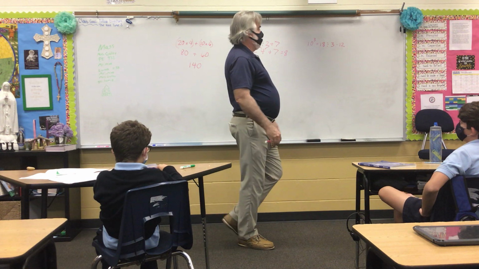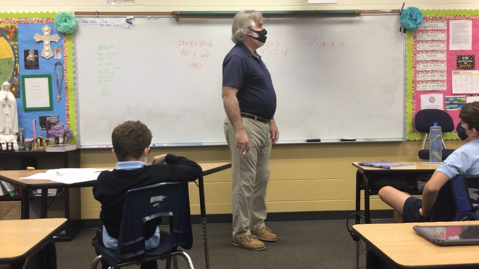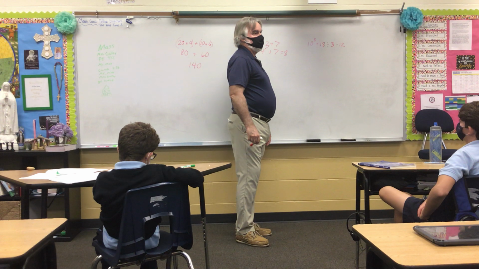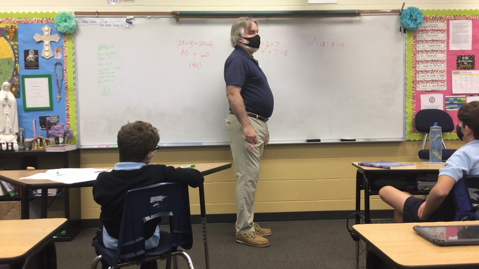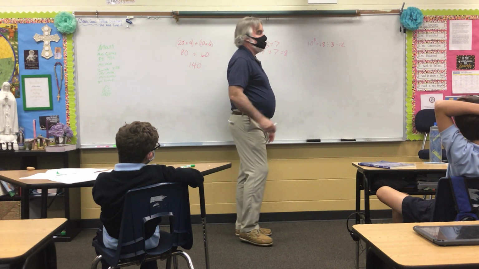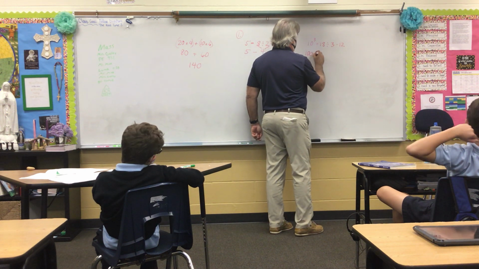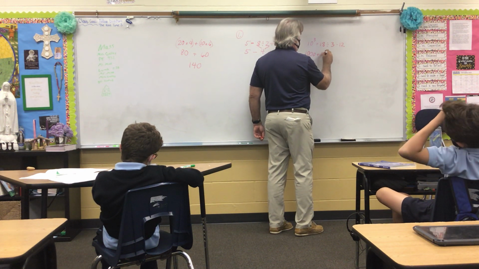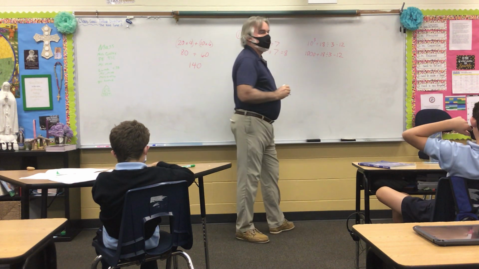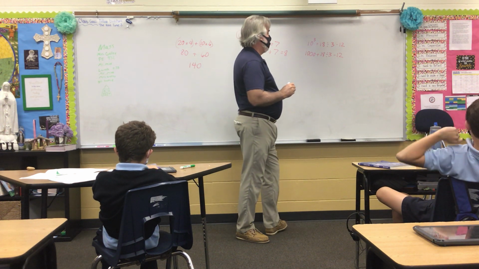Now, I've got another problem over here. Lucas, what do I do first? 18 divided by 3? Nope. Are there any brackets? No. What you do is you add 2 more zeros to the 10. So this is 1,000 plus 18 divided by 3 minus 12. The 18 divided by 3, that's 6.